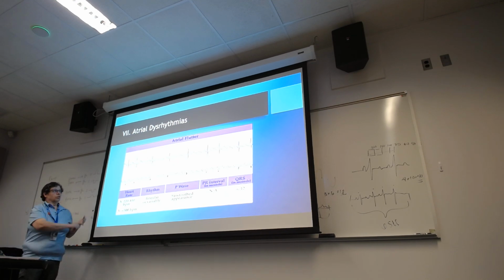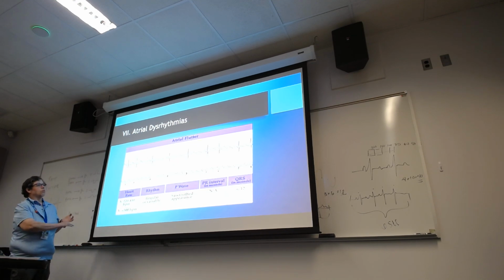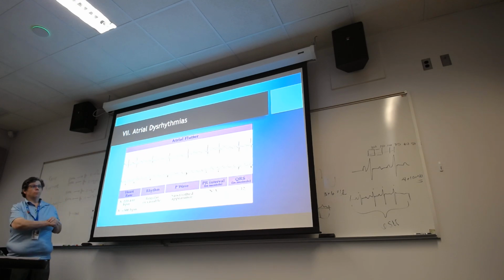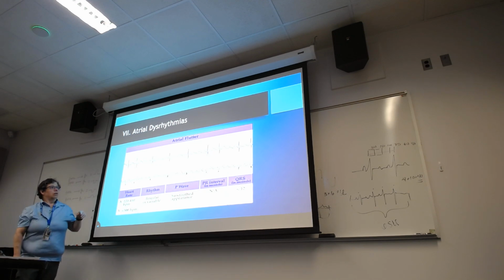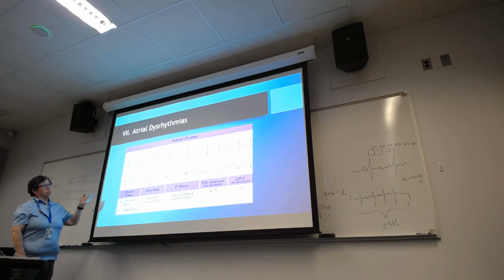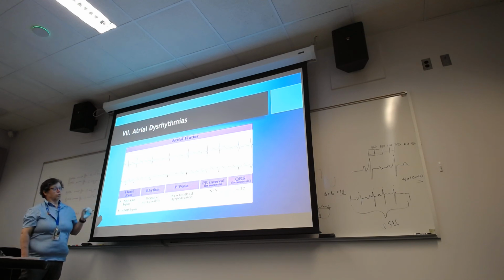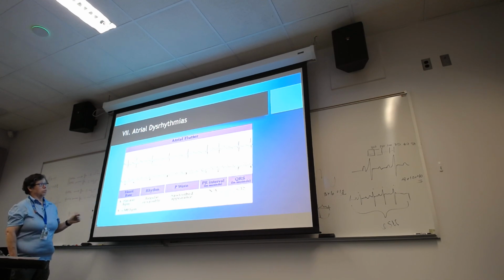So you looked at the rate, you're looking at all the parts. Are there P waves there? There's something, but they're not P waves, right? There's QRSs, and they're narrow, so they're within the 0.04 to 0.12, so they're normal.